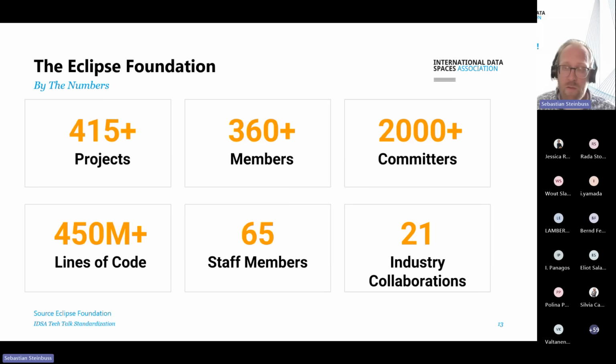We have more than 2,000 committers there, so people actively working on all those different developments. So this is really huge and really helpful, because it provides a great governance scheme to collaborate and develop open source projects, including specifications like we do with the Dataspace protocol.